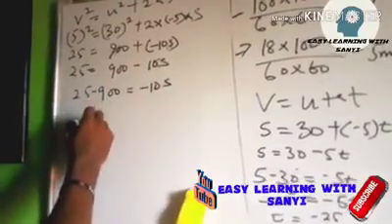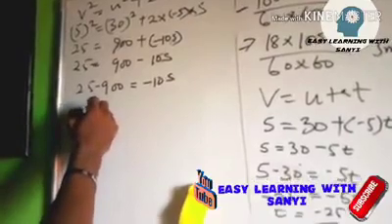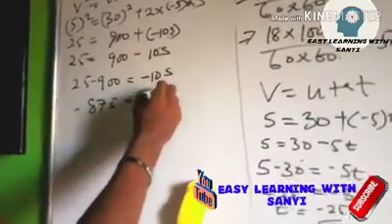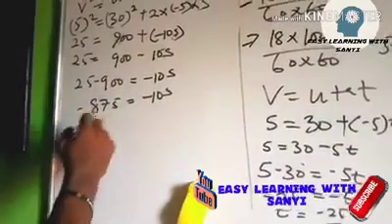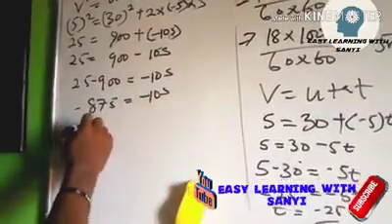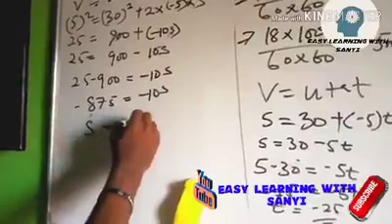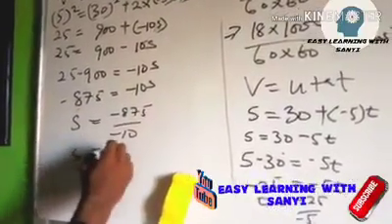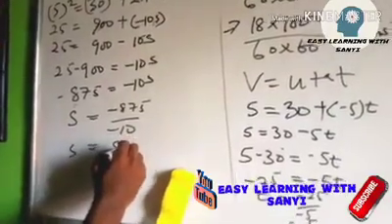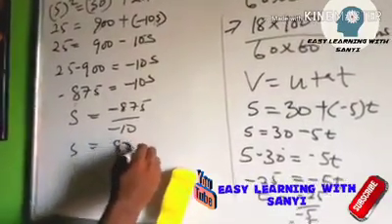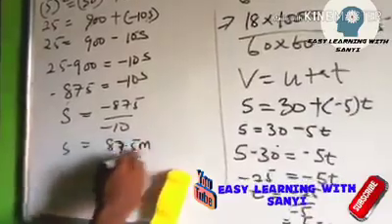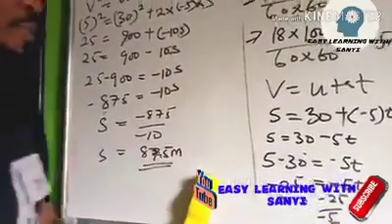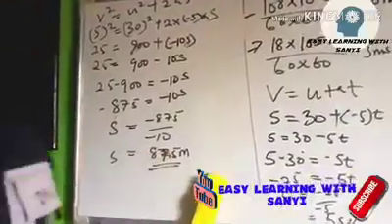That will give you 25 minus 900 is minus 875, equals to minus 10s. Now to get your s, which is your distance, s is equals to minus 875 divided by minus 10, which will give you the answer to be 87.5 meters. So that is it. It means your time is 5 seconds and your distance is 87.5 meters.